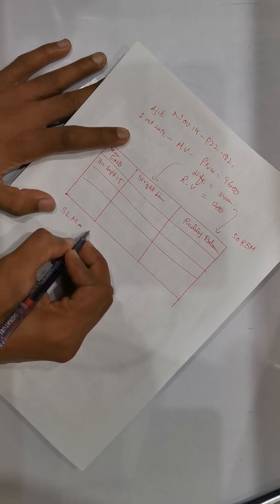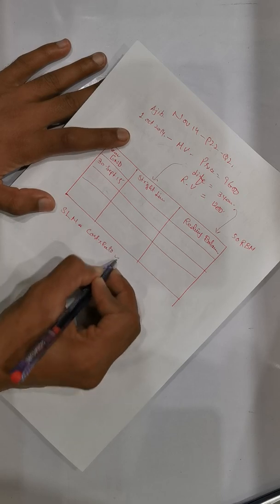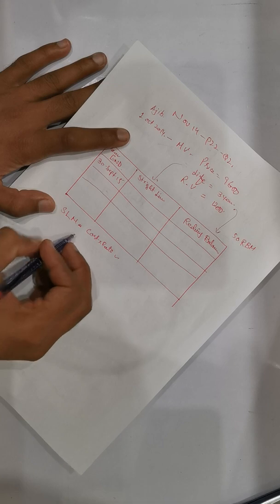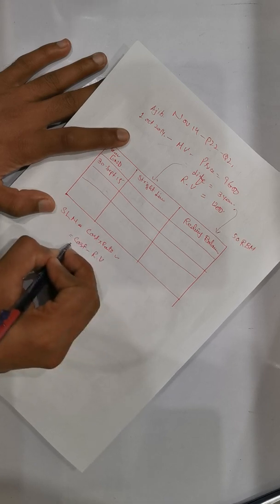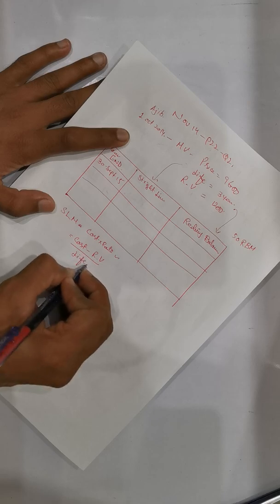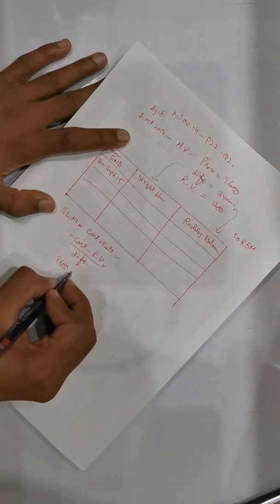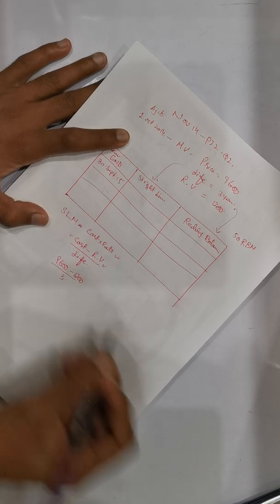One formula is cost into rate, which is not applicable over here because we do not have the rate of SLM. The other formula is cost minus residual value over life, and this formula is applicable here. The cost is 9600 minus 1200, the residual value, divided by 3.